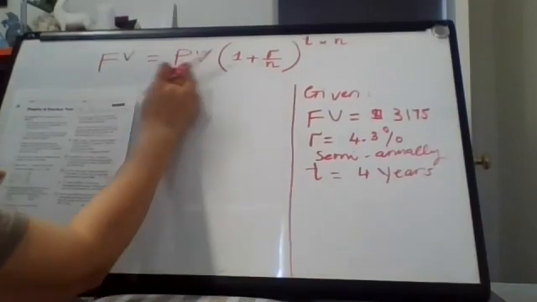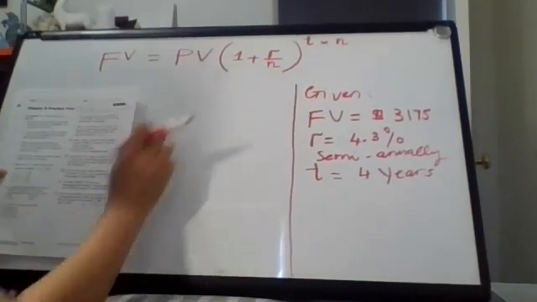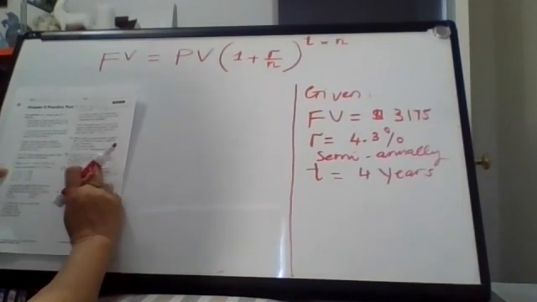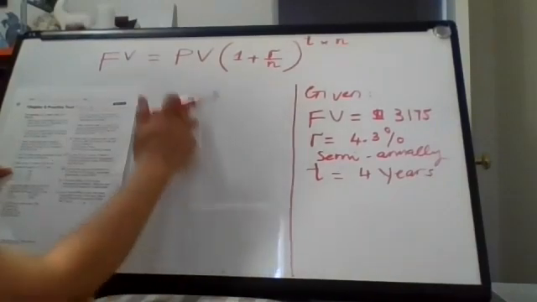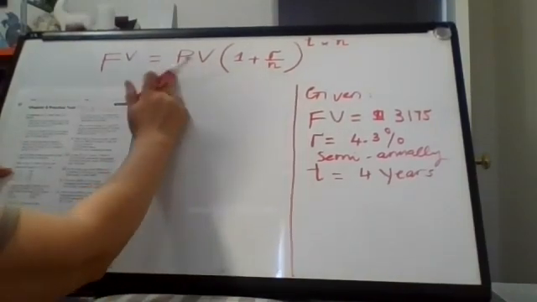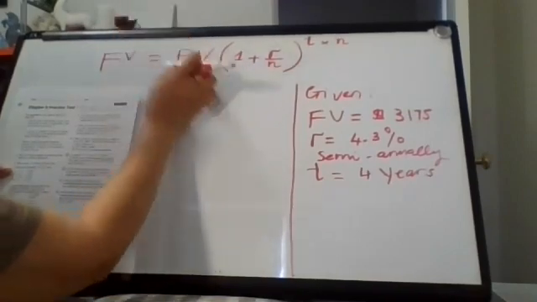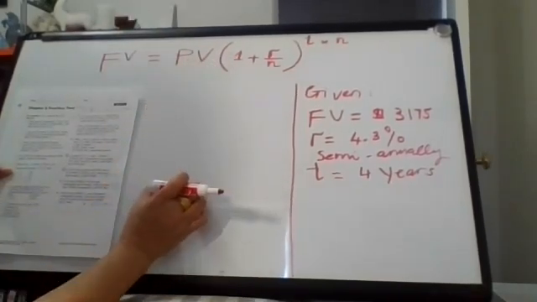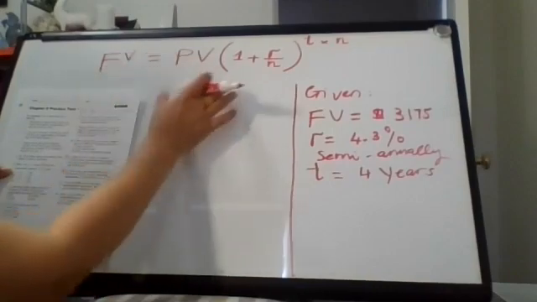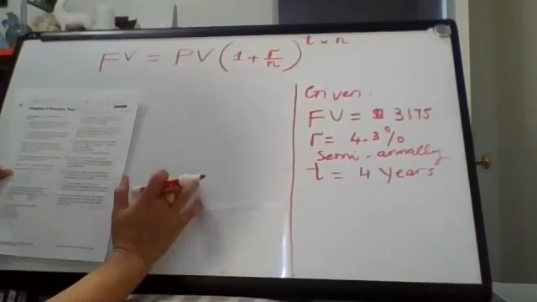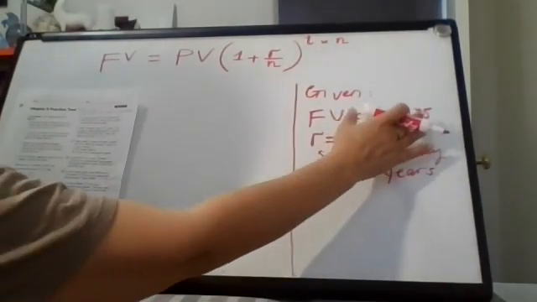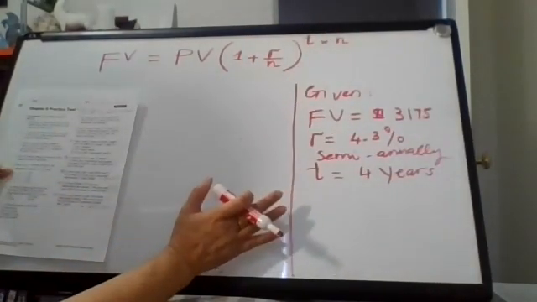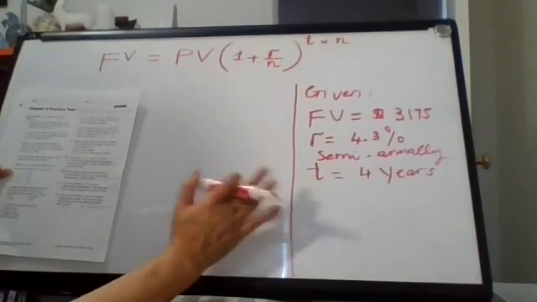Of course, the question asks for one unknown, which is the present value. When they say how much would her creditor accept today, the word today tells you it is a present value. So how much does she have to put in the bank today to pay off her debt, to give the creditor the amount like this in the future, 3,175 in 4 years?